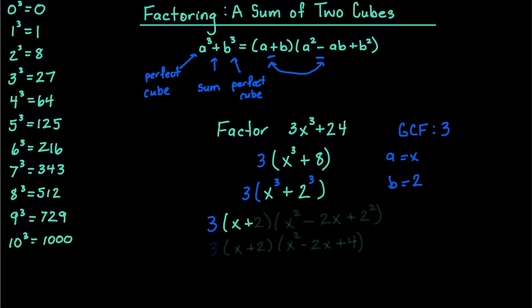X plus 2, x squared minus 2 times x plus 2 squared. X plus 2, x squared minus 2x plus 4.